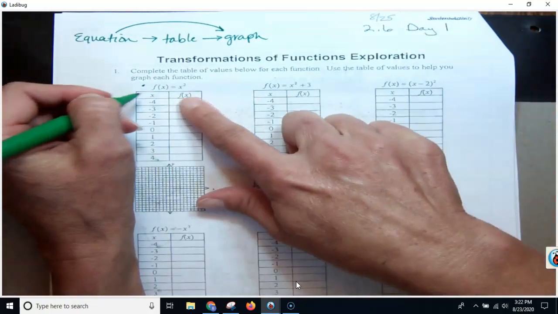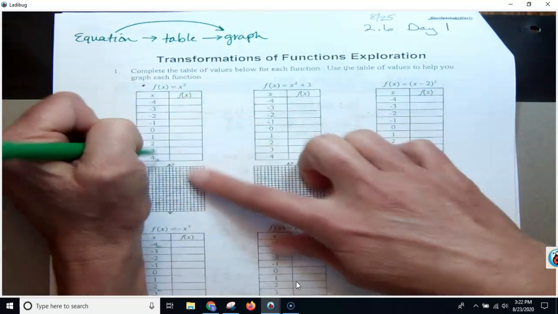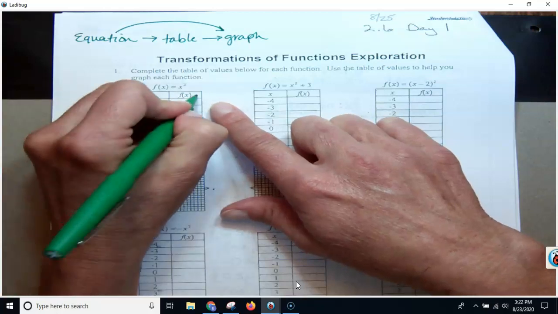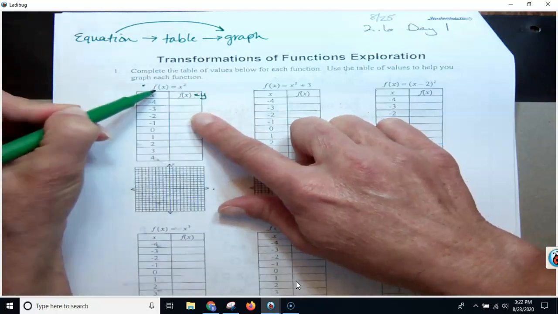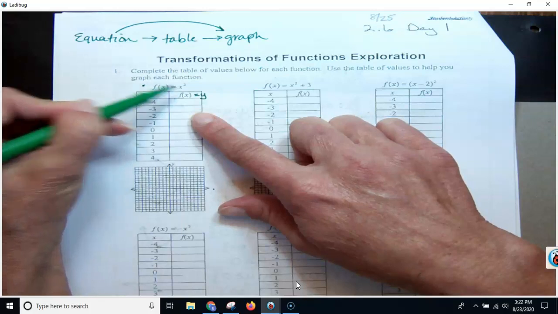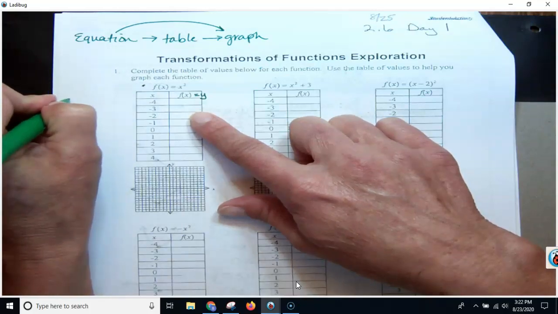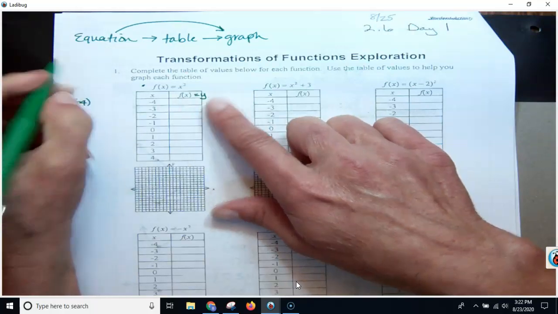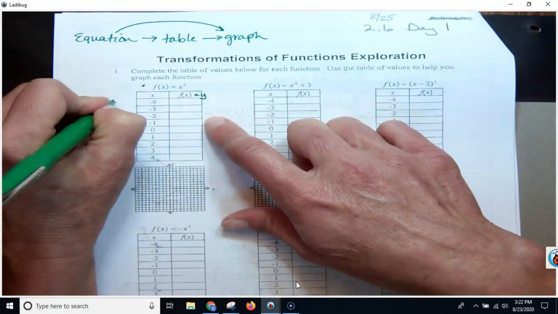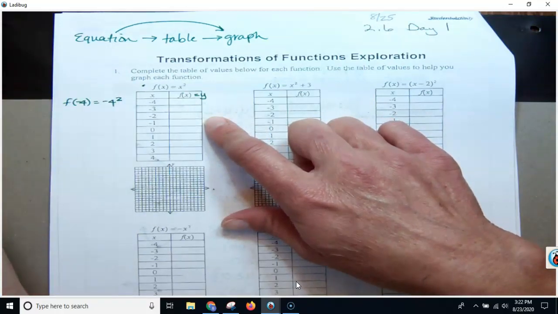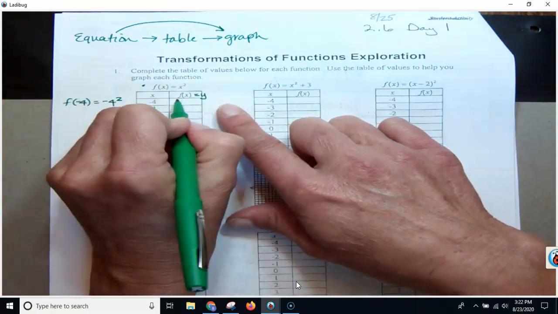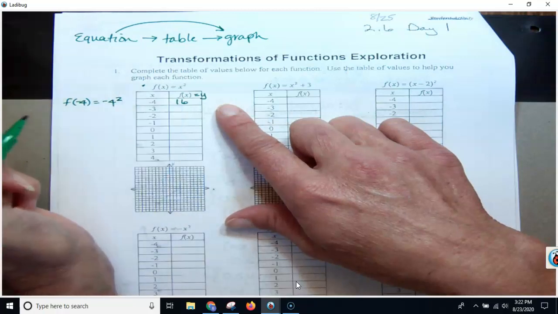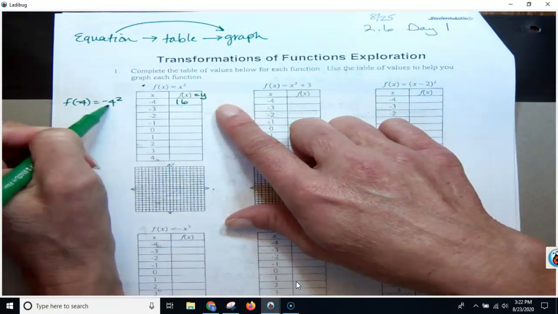So when we go from the equation, here's my equation, to the table, this is my x values, these are my y values, right? So the function of x squared, I'm basically just going to say, okay, f of negative 4, if I plug negative 4 into x squared, I get negative 4 squared, that is going to give me 16. Do you see that? Negative 4 squared is 16. So f of negative 4 equals negative 4 squared.